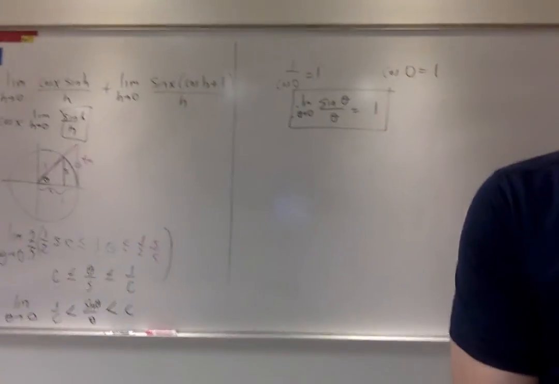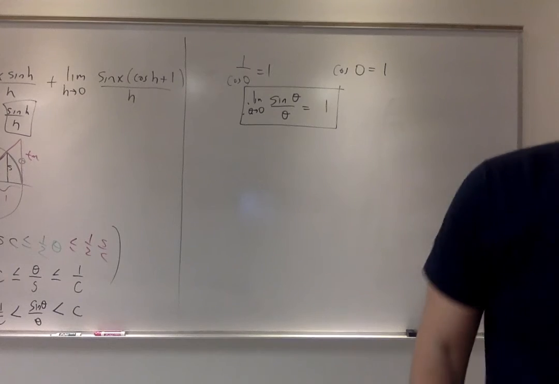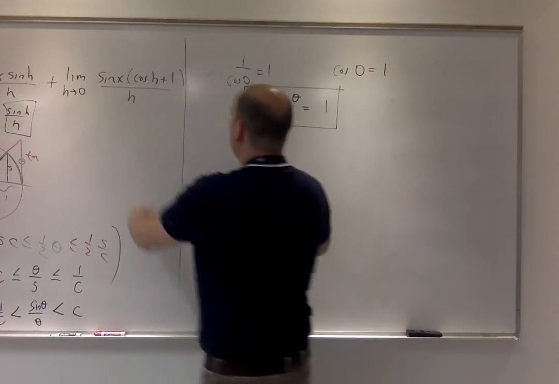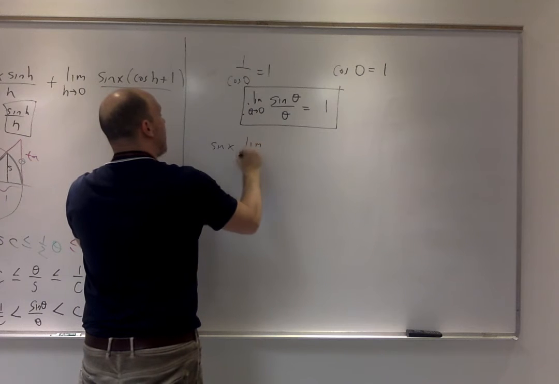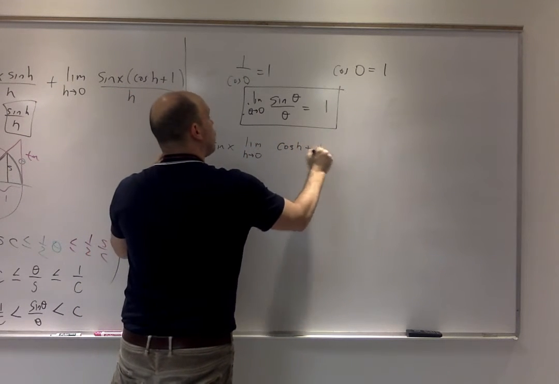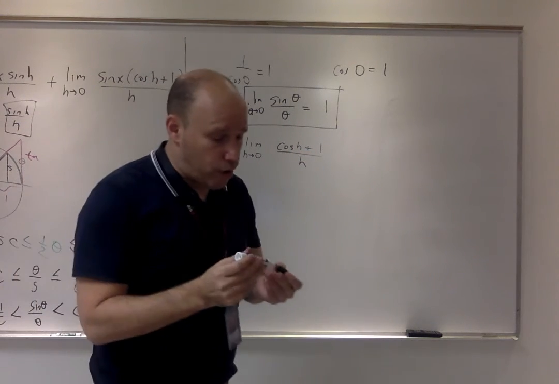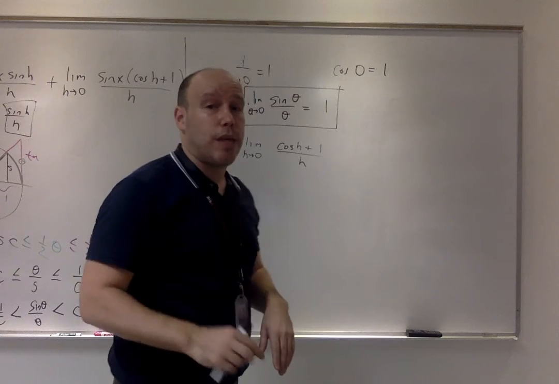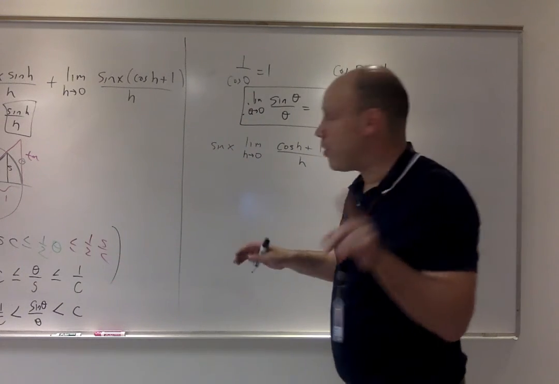Next, let's work on that cosine a little bit. So we have sine of x times the limit as h goes to 0 of cosine of h minus 1 over h. Here's the trick. And once again, you can say, Mr. Adler, just use L'Hopital's rule for all of these. No, let's go through this.